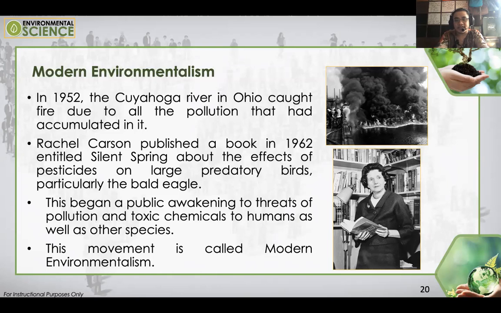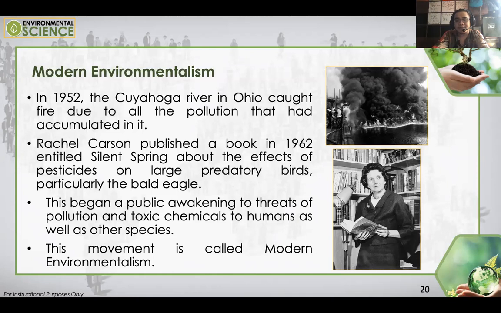Example, the wave of the Industrial Revolution where London had smog because of environmental issues. So, yung mga events na ito at yung libro ni Miss Rachel Carson, yun yung nag-enlighten na humans, we do not only use the environment because we are only part of the environment.